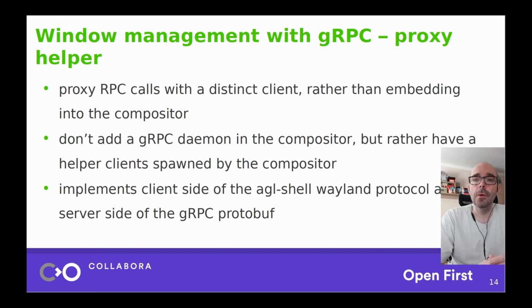The main reason for keeping it aside from the compositor is to avoid dealing with multi-threading issues. Also, in case you would like to compile it out and you don't want to have it inside of the compositor, this is also an option. So on one side it implements the AGL shell Wayland protocol, and on the other side it implements the gRPC protocol.